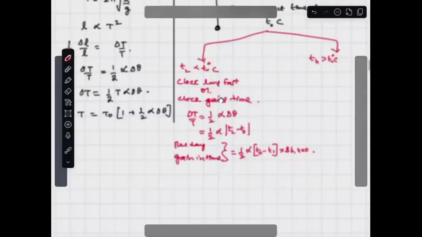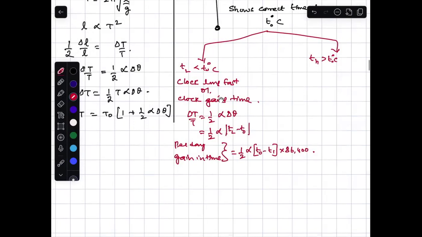Otherwise, in the other case, the clock runs slow or clock loses time. So delta T by T is half alpha delta theta, which is half alpha (T high minus T naught).